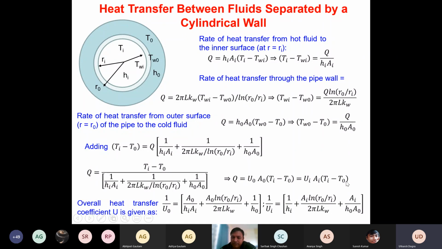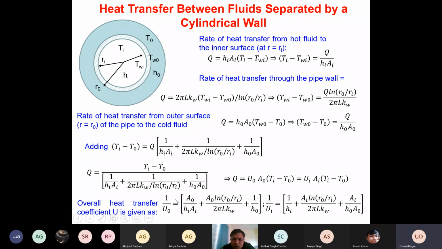This delta T is the same. So now this denominator, remember we have represented it in terms of U. Now we are representing it in terms of U naught as well as Ui. So in terms of U naught, we have to multiply this by A naught. Then only can we multiply this by U naught A naught, isn't it?